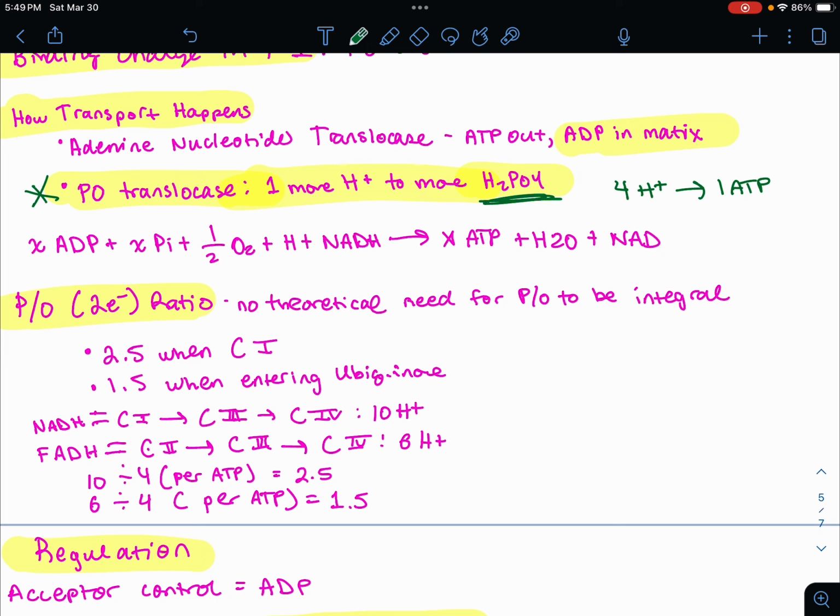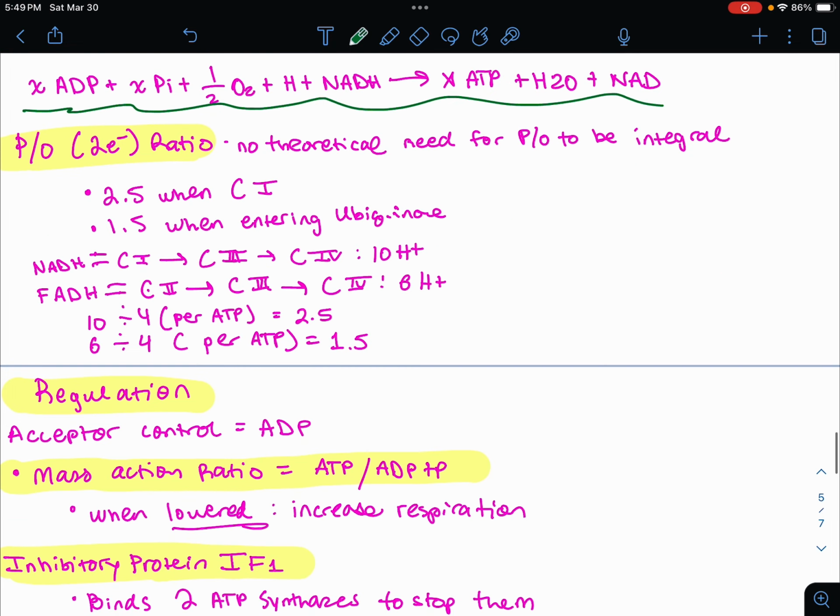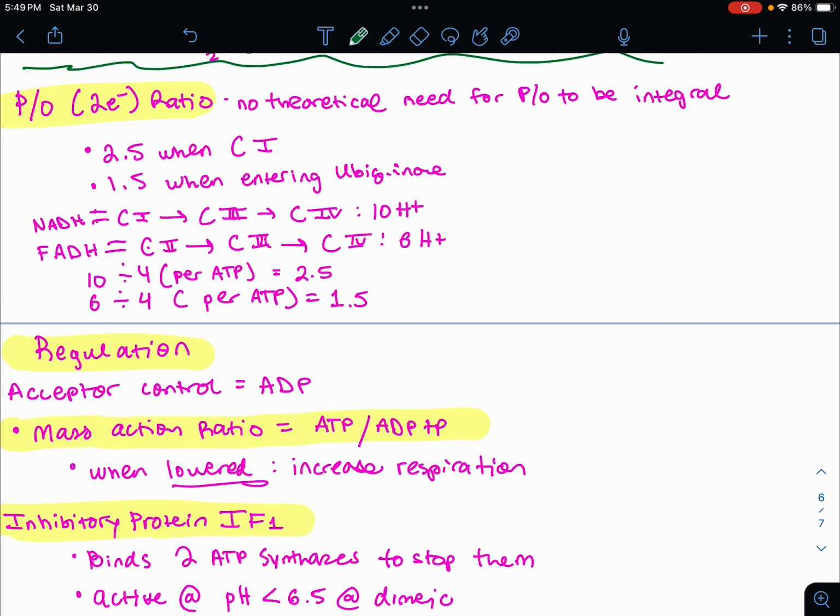This is the value of X in that equation. There's no theoretical requirement for phosphate over oxygen to be integral. The second to last part of this, we're going to be talking about how we got those numbers, the 2.5 and the 1.5.